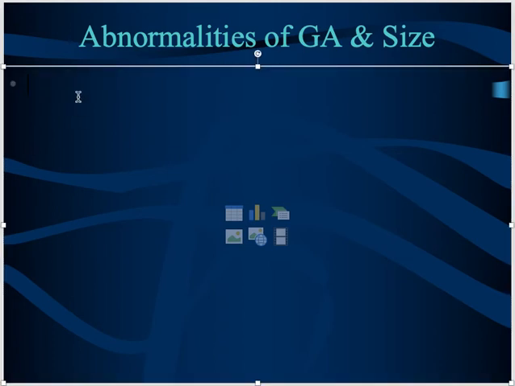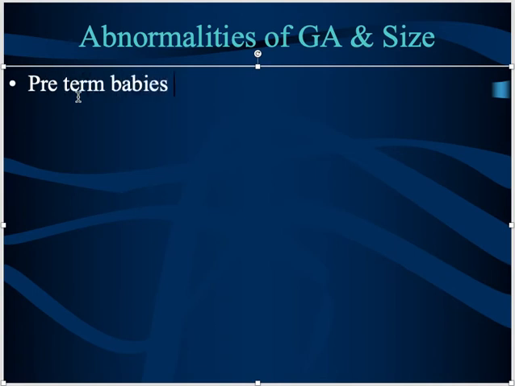The first one is, we were talking about preterm babies, right? As you know, what are preterm babies? All the babies who are born before 37 weeks of gestational age. Now, what are the causes of these preterm babies?